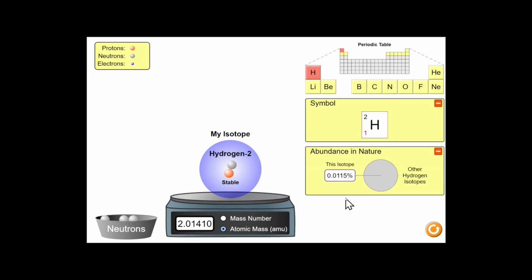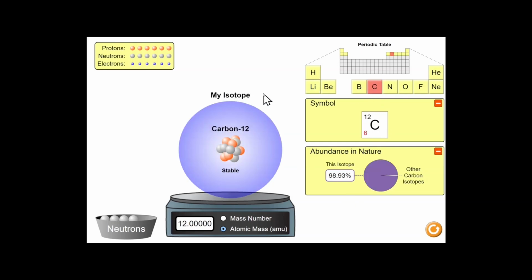Okay, let's have a look at carbon, because we are going to work out relative mass. So this is carbon-12. There are 6 protons. All carbon has 6 protons. That's what makes it carbon. It has 6 neutrons. So this is carbon-12.